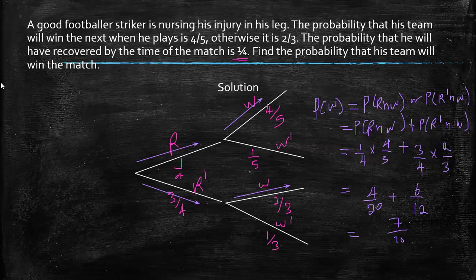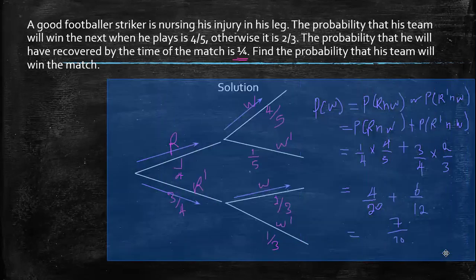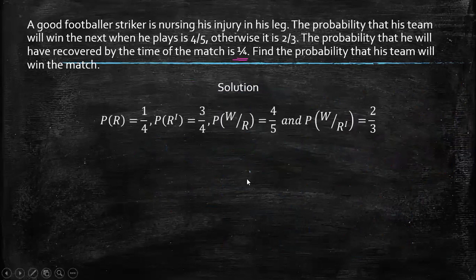I'm going to share that, don't worry, I've got a way of extracting it. So we have the probability of him recovering, which is 1 out of 4, and the probability that he will not have recovered by the time of the match, which is 3 out of 4.